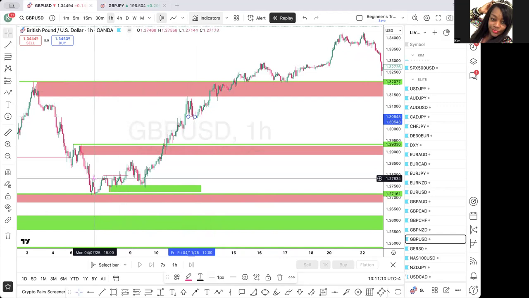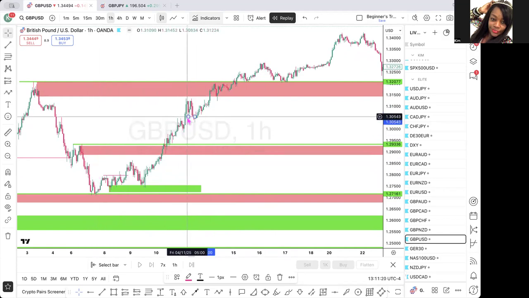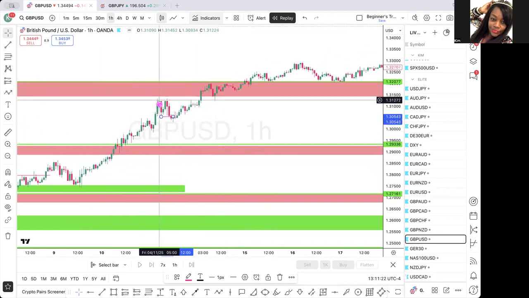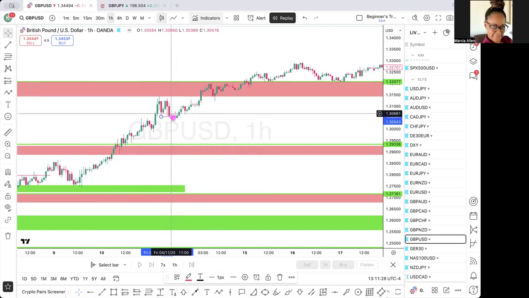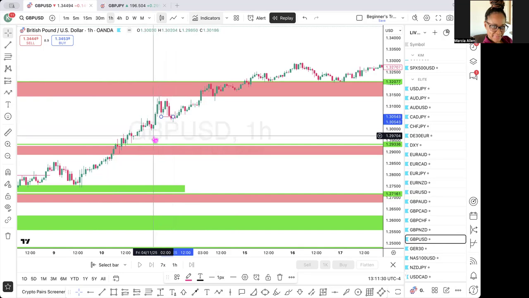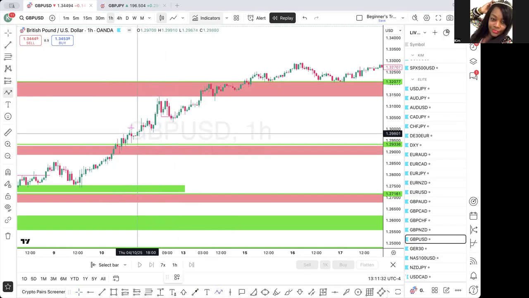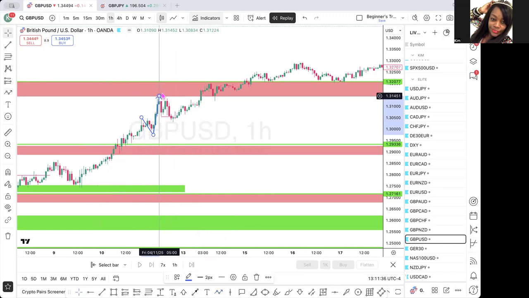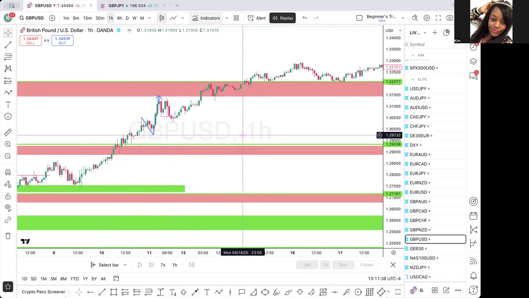That is why I said when right here, this right here, I don't consider that a change of character or a break of structure. Most people would have seen this double top and this break of structure here and said we're selling, right? When all the while this was the last structure of the push up.